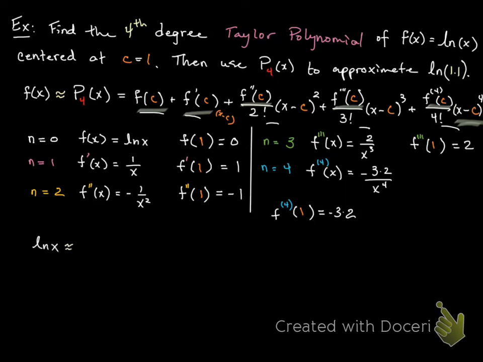So what I've got is that natural log of x is approximately the same as this 4th degree polynomial.